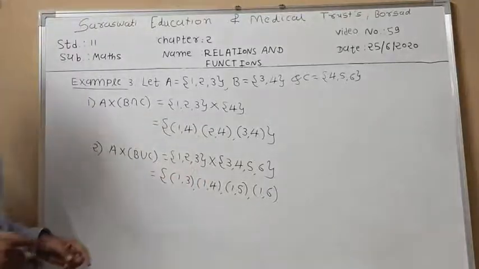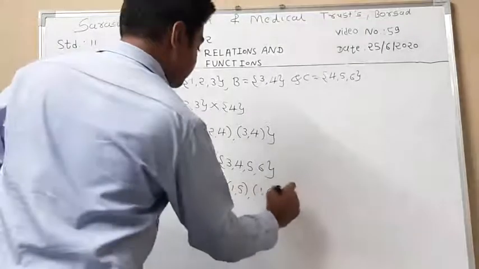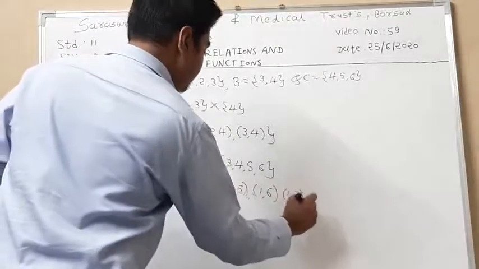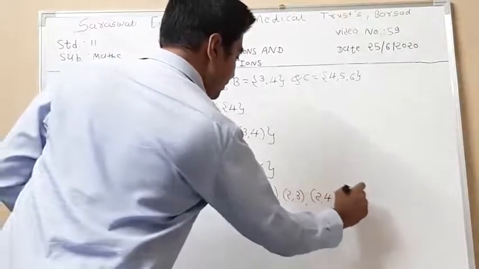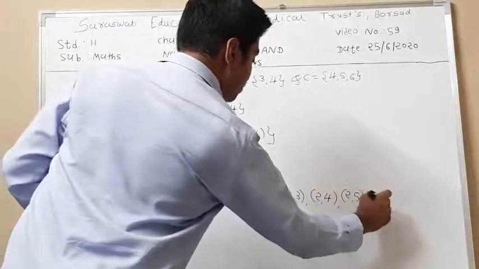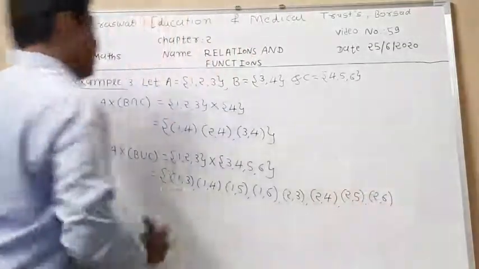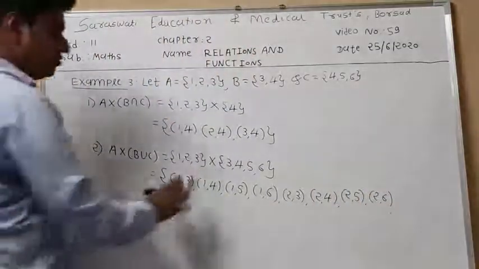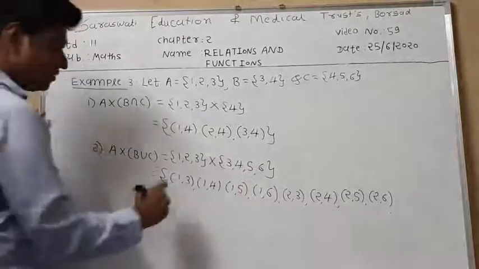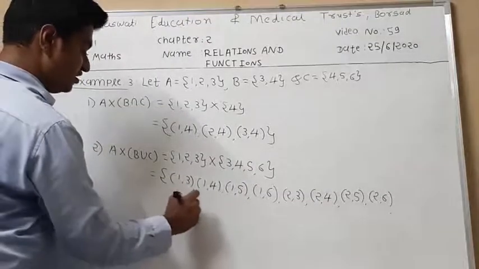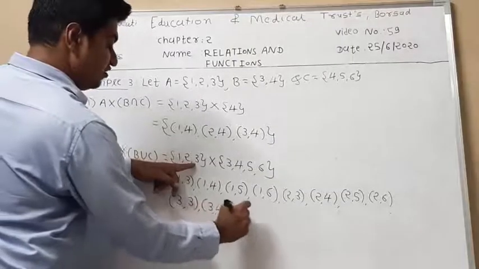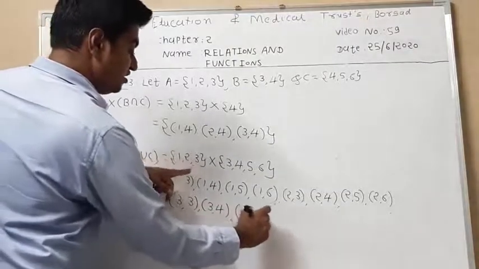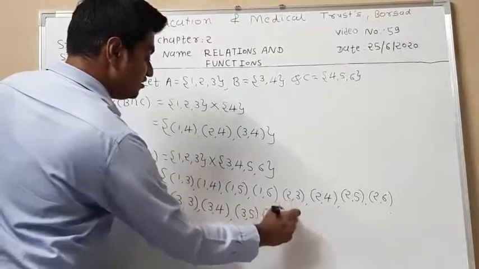Now after that (2, 3), (2, 4), (2, 5), (2, 6). Same way, multiplying 3 with these, we can write (3, 3), (3, 4), (3, 5) and (3, 6). Clear?